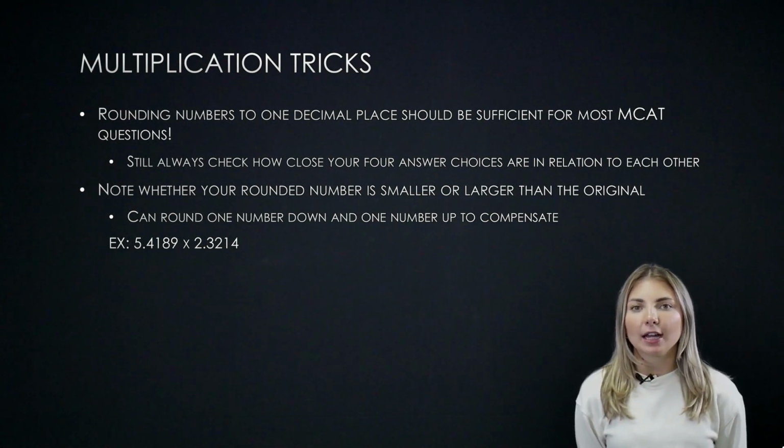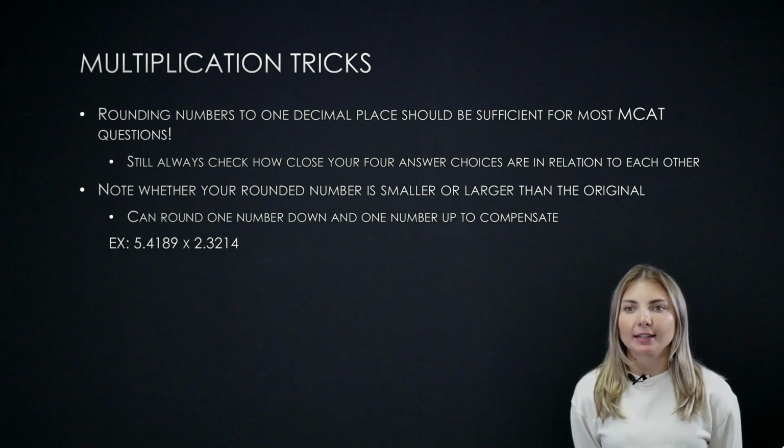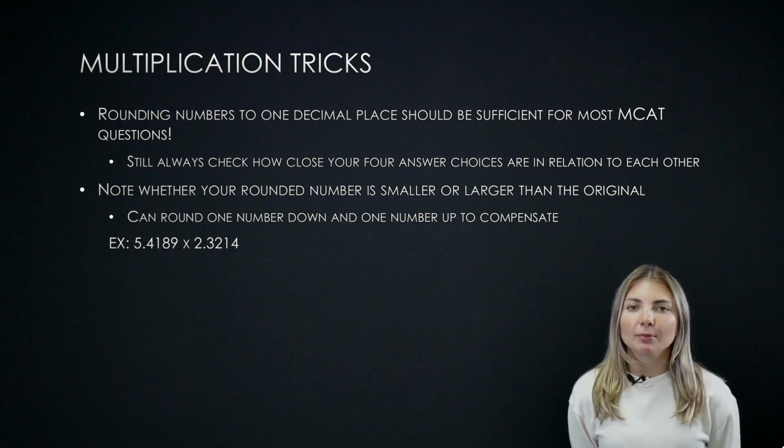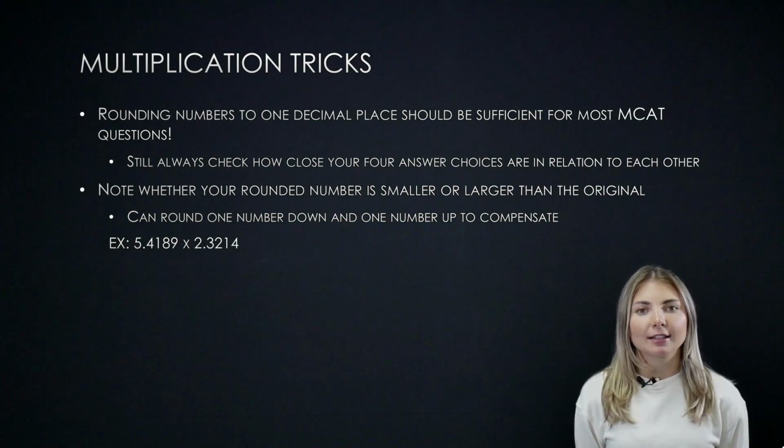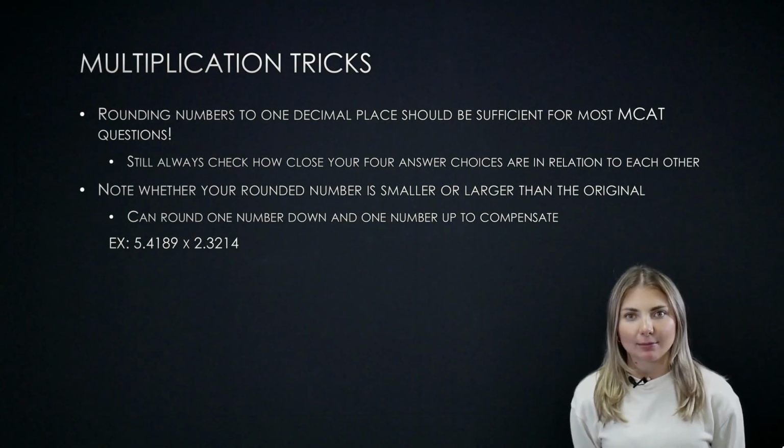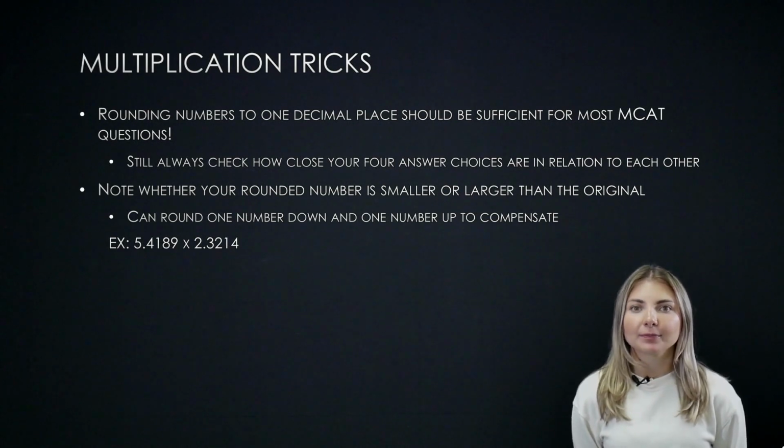For example, if each answer choice is off by slightly different decimal points, you might want to be more specific in your rounding. But if each answer choice is off by powers of 10, you might need to be less specific and therefore could spend less time on the math part of the problem.